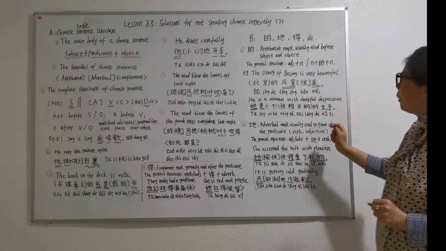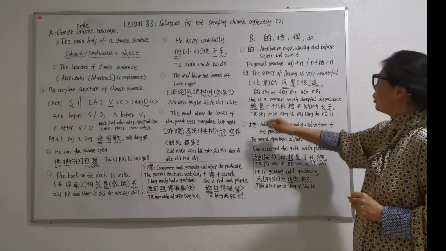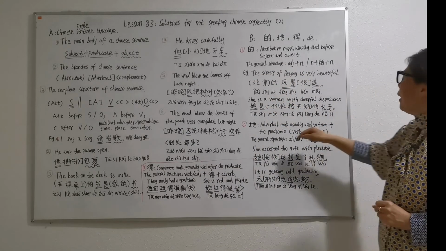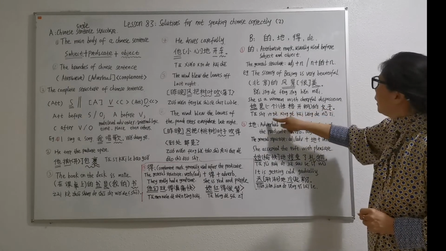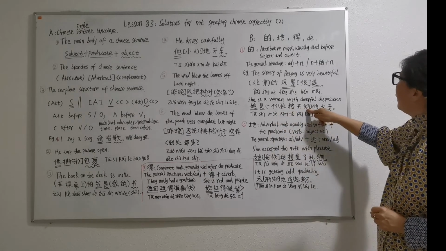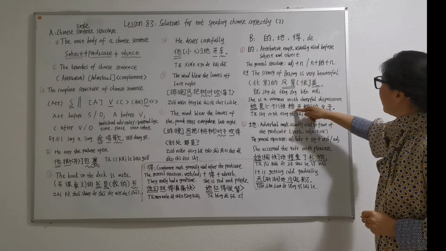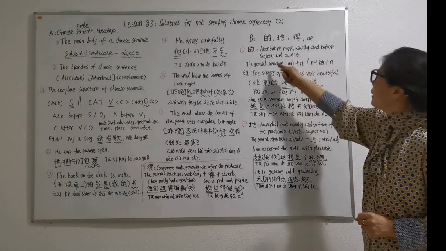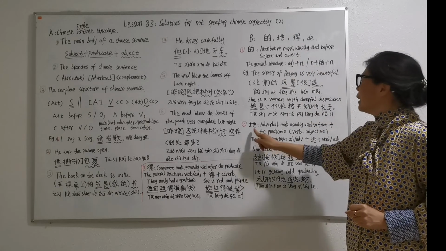So first the main body is 她是女子: 她 subject, 是 predicate, 女子 object, and we have two attributives, 一个 and 性格开朗的. 开朗 is an adjective, so this is adjective and noun, this structure. Okay, understand?